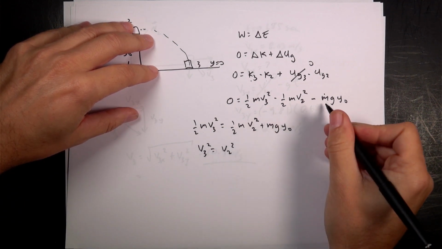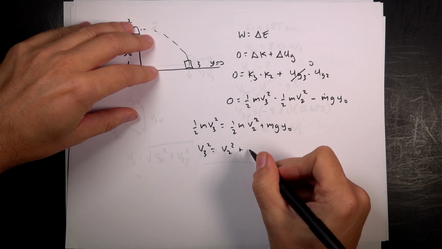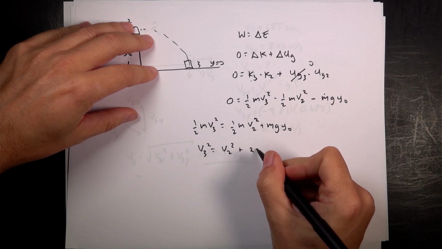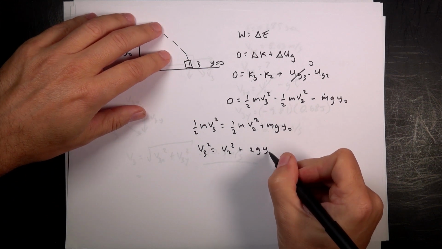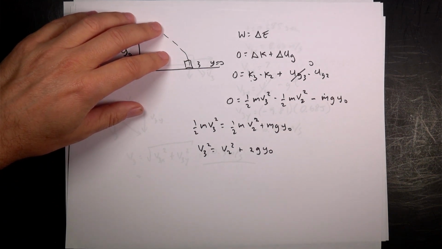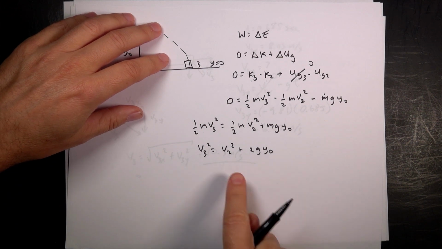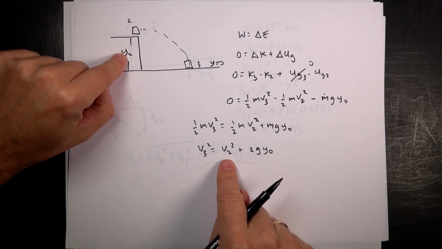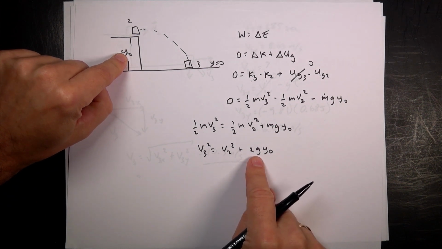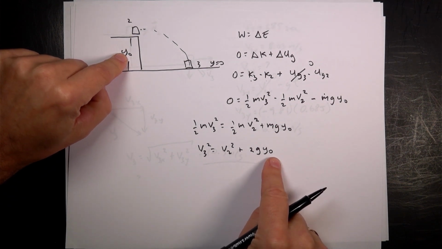Oh, that's plus. Plus 2g, the masses cancel, y0. You'll notice this is actually one of the kinematic equations. Final velocity squared, initial velocity squared, 2 acceleration times the change in position. Okay, just so you know.